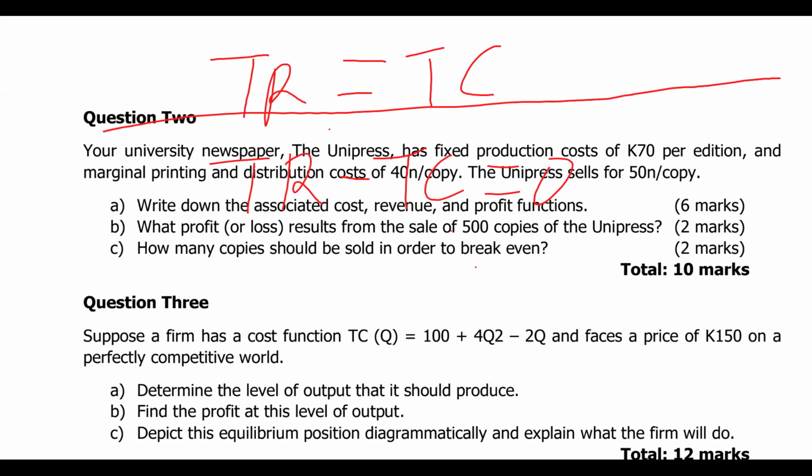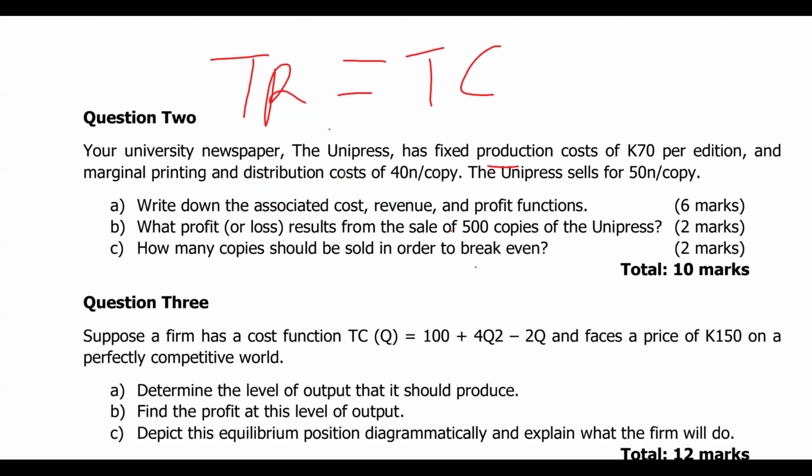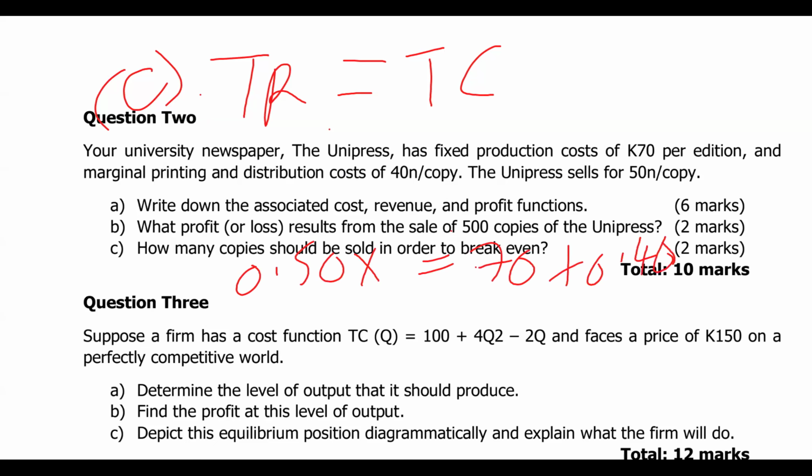This is the first condition. And I'll show you there are two ways of going about this question. This is part C of the question right now. So what you do, the total revenue function, which is 0.50x, shall equal the cost, which is 70 plus 0.40x. Working out the like terms together, you have 0.50x minus 0.40x, right?